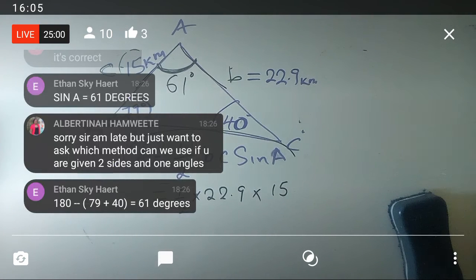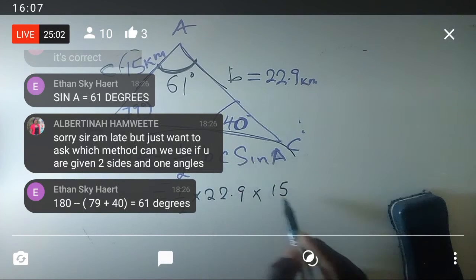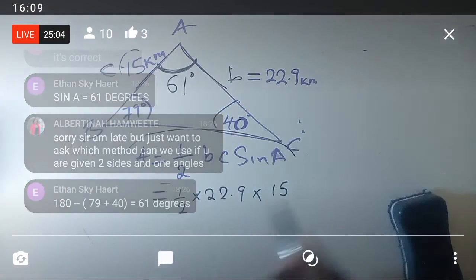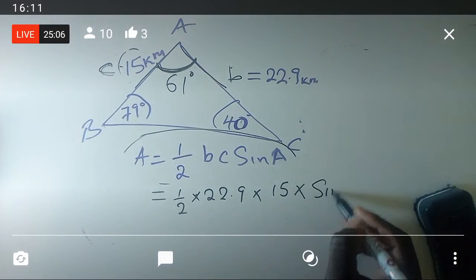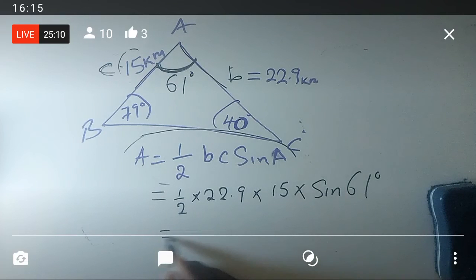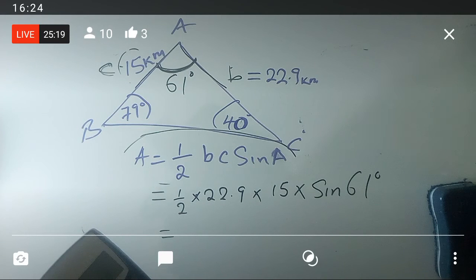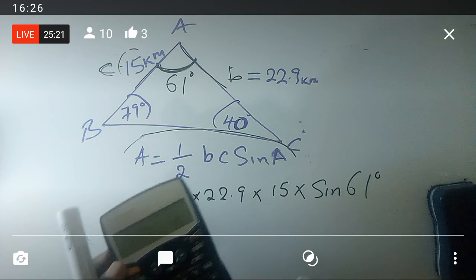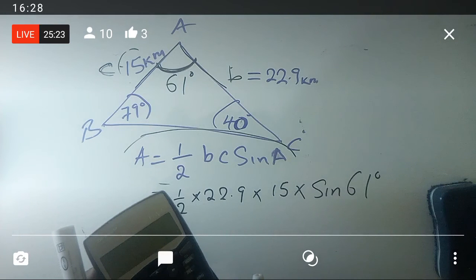So this C is 15 multiplied by sine A. Sine A, we said is 61 degrees. So now we can punch on our calculator. Get your calculators and try to punch 22.9 multiplied by 15 times sine 61.